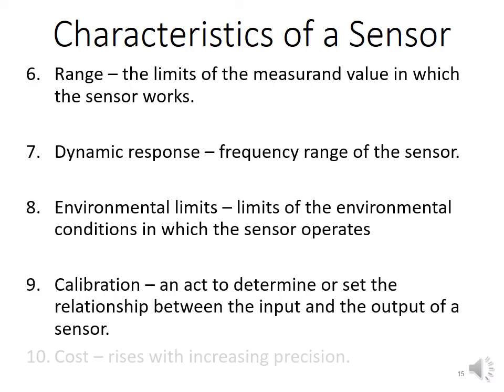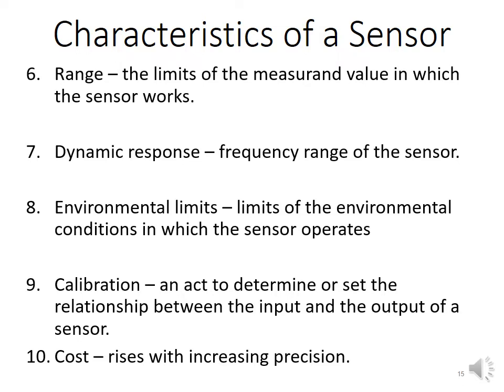we have range, dynamic response, that is the frequency. The output from a sensor also depends on the frequency at which the quantity being measured is changing. So it's important to take note of the dynamic response of the sensor. Environmental limits, then we've got calibration.